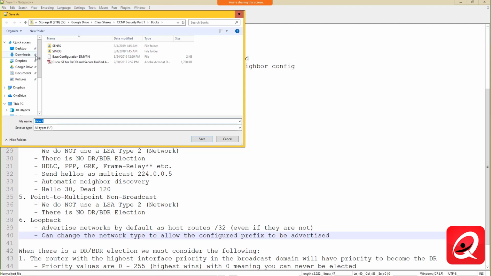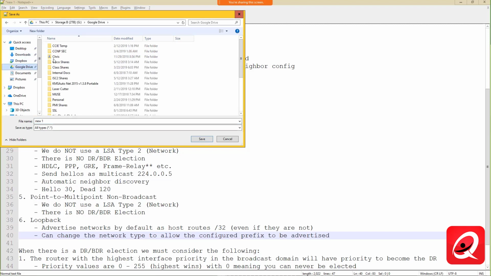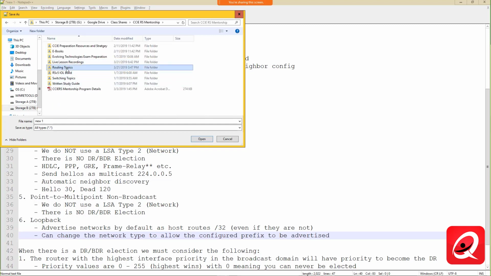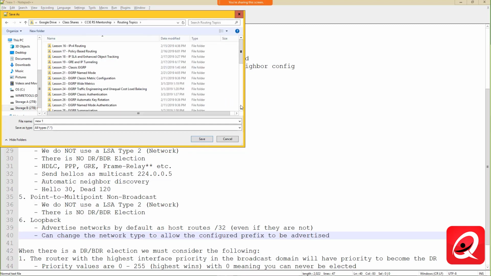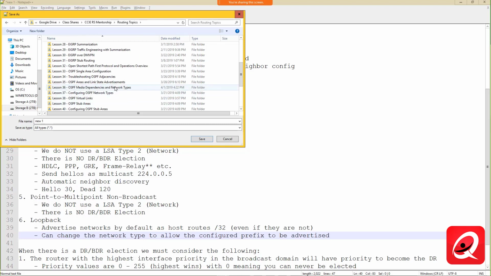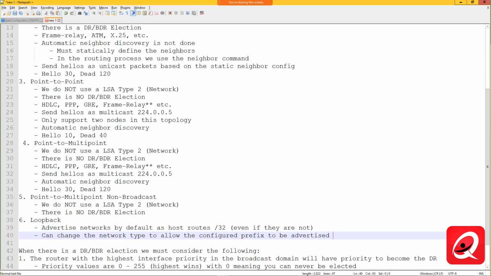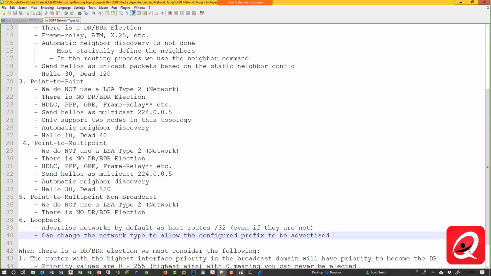And let's go to Google Drive, class shares, CCIE, routing topics, and OSPF network types. All right, and that's based on this topology that we have here.